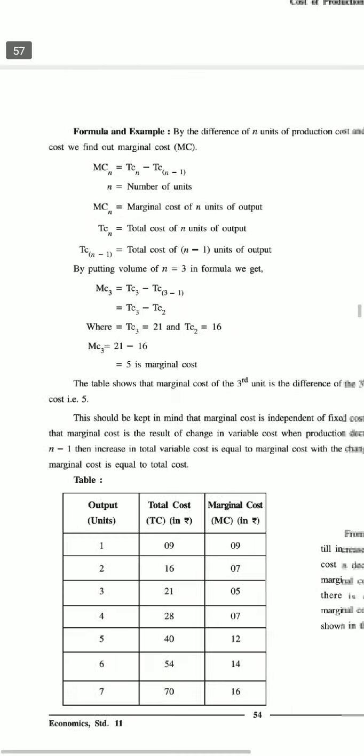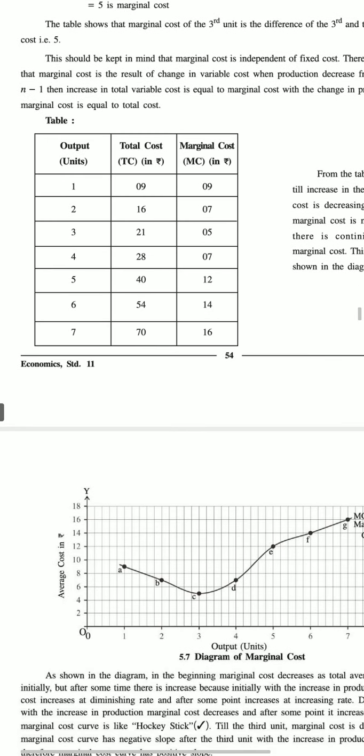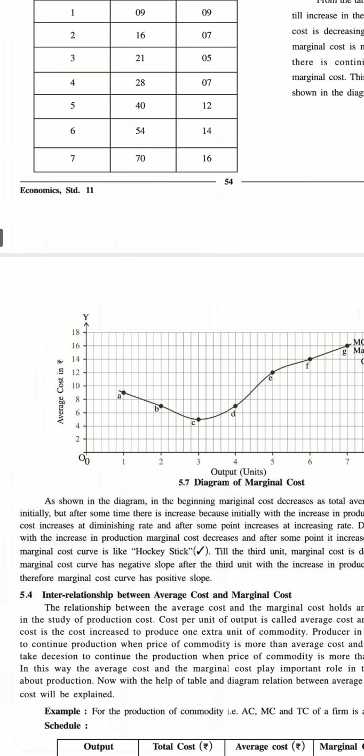If you see the diagrammatic representation of marginal cost, it is like a hockey stick, because here you can see the figures 9, 7, 5, 7, and then you can see an increasing trend because the variable cost also follows the same pattern. It slows down and then it has an increasing pattern. So here you can see the marginal cost also having the same one.